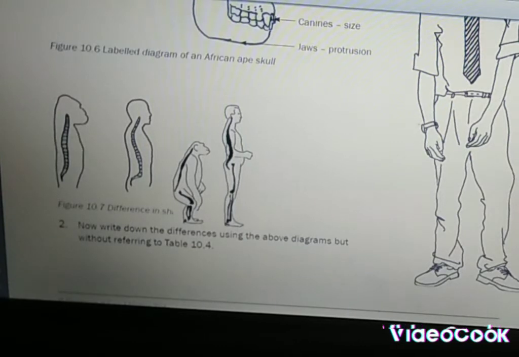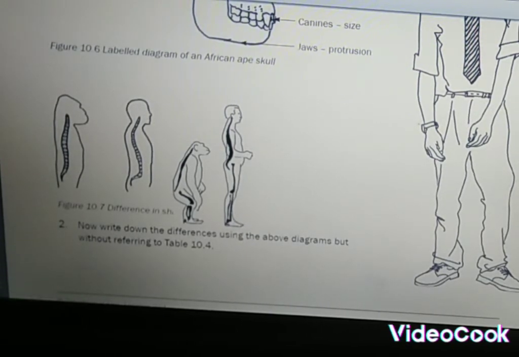Okay, so now I'm sure you can see from this diagram how evolution has been taking place. I'm sure you can see the spinal cord. The one for a Homo sapien is S-like, but the one for an African ape is C-like. And I'm sure you can see this ridge, it's fully developed for an African ape, but for a Homo sapien, it's not fully developed.